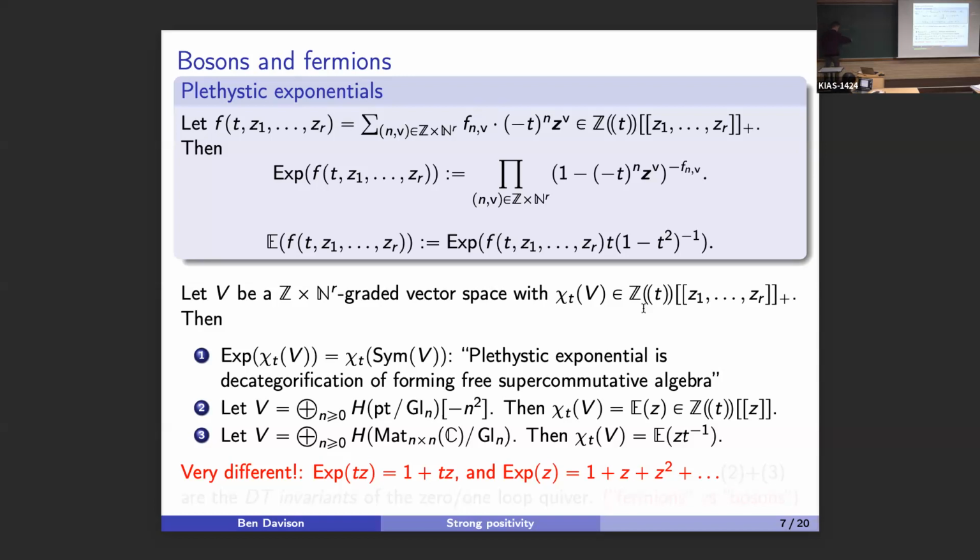Well, this is an infinite dimensional vector space, but if I restrict to the part of it that has overall degree some fixed number, it's finite dimensional. Well, if I put n equals 1 and look at this, it is infinite dimensional. But what its characteristic function is, is, well, there's one piece of cohomological degree 0, which contributes a 1. There's one piece, i.e., the piece spanned by p1, which has cohomological degree 2.